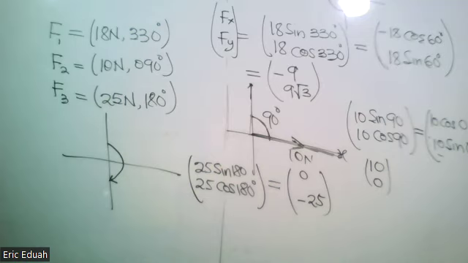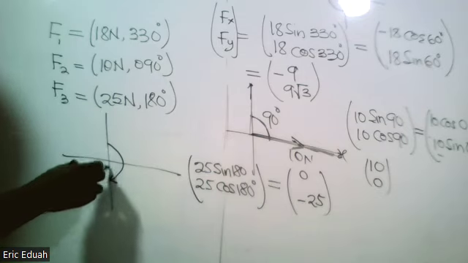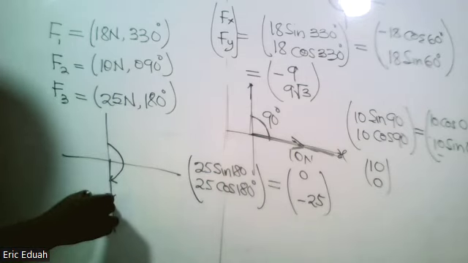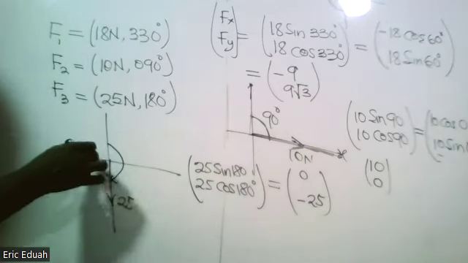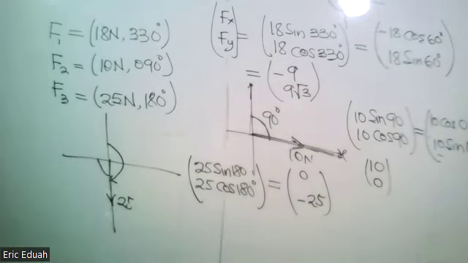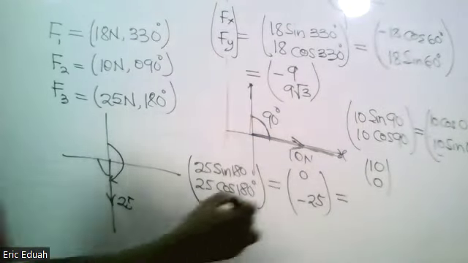Now, if you want to use the angle it makes with the x-axis, this makes an angle of 90 degrees. This is the direction of the vector, 25. And the angle it makes with the x is 90. So I can also resolve this using the angle it makes with the x.